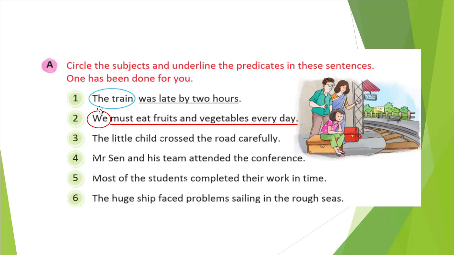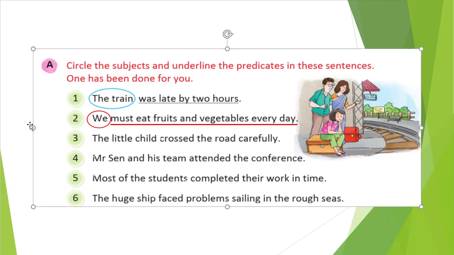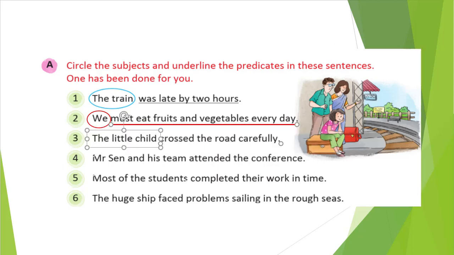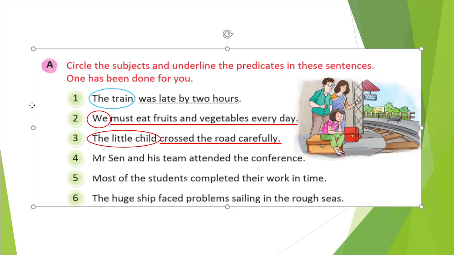You can see the third one: the little child crossed the road carefully. Who crossed the road carefully? The little child. So the little child is our subject and crossed the road carefully is our predicate. Correct. Nothing is difficult here. So let me highlight that also. Yes, that is correct.